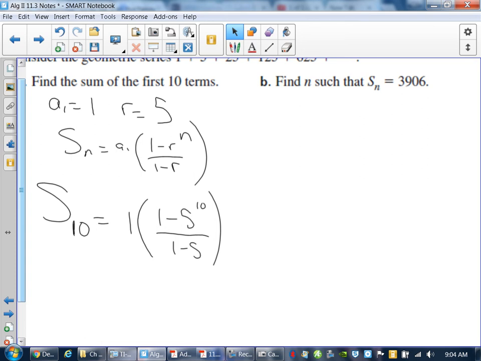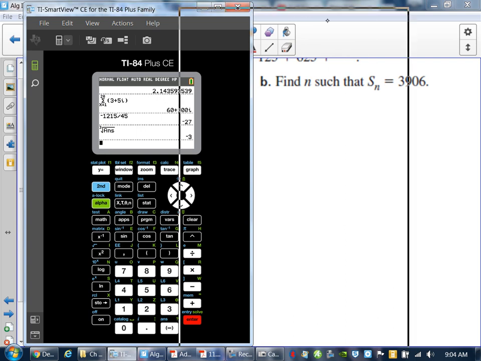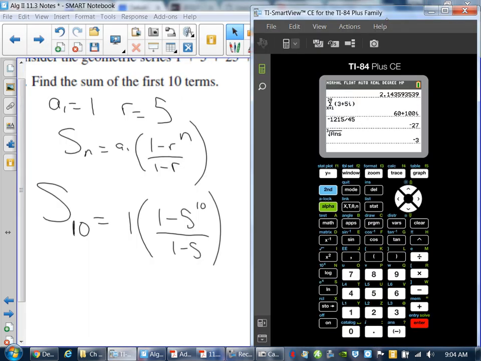Throw it in the calculator. Please be careful in how you type it. Use the fraction bar. It's your friend. It's got a really big number. Look what's happening. You're taking 10 numbers in a sequence where each consecutive number is being multiplied by 5. So yeah, it's going to be a big number. But then you divide it by 4.